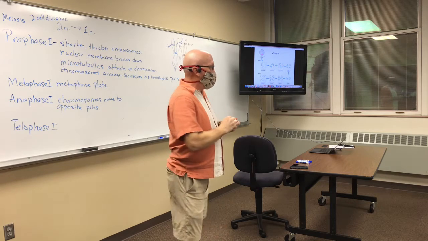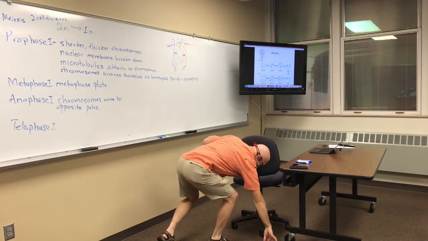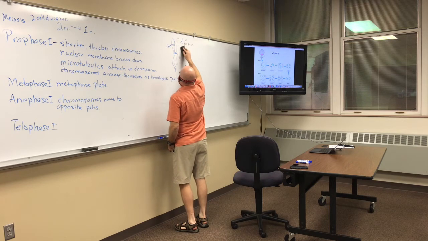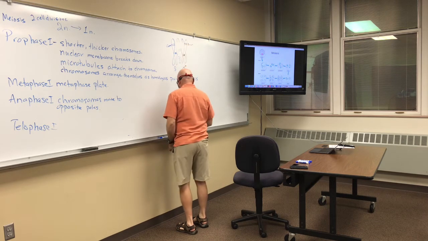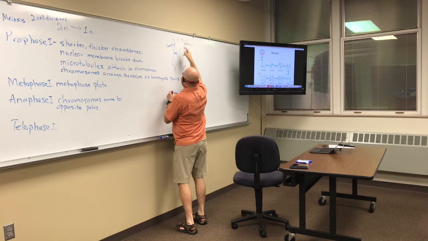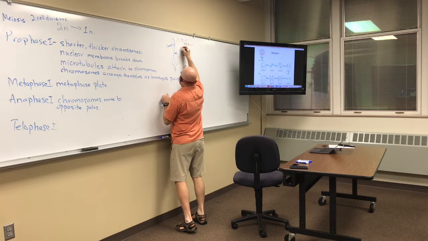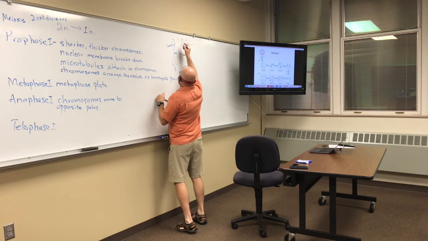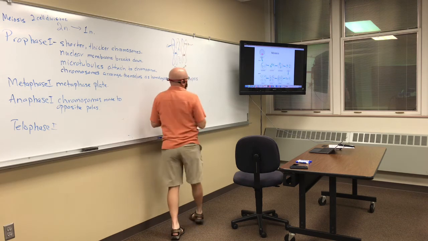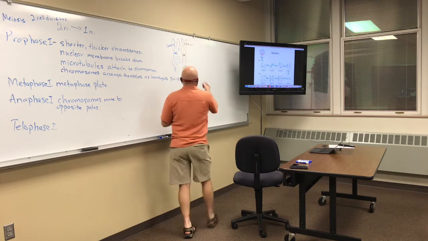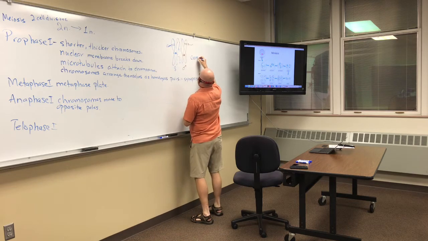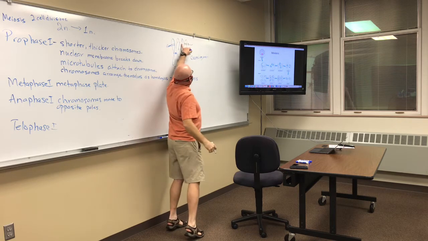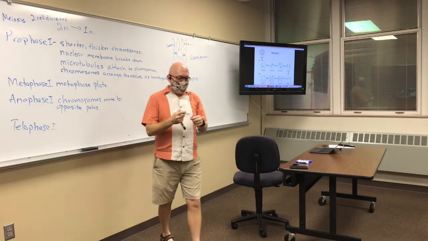And when they break and become reattached, what was the end of the blue chromosome is now attached to the brown chromosome, and what was the end of the brown chromosome is now attached to the blue chromosome. This process is called crossing over, because the ends of one chromosome crossed over and became attached to the ends of the other chromosome.